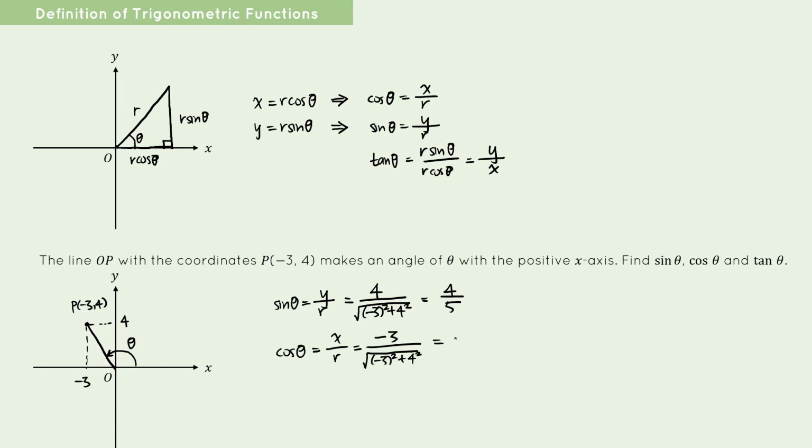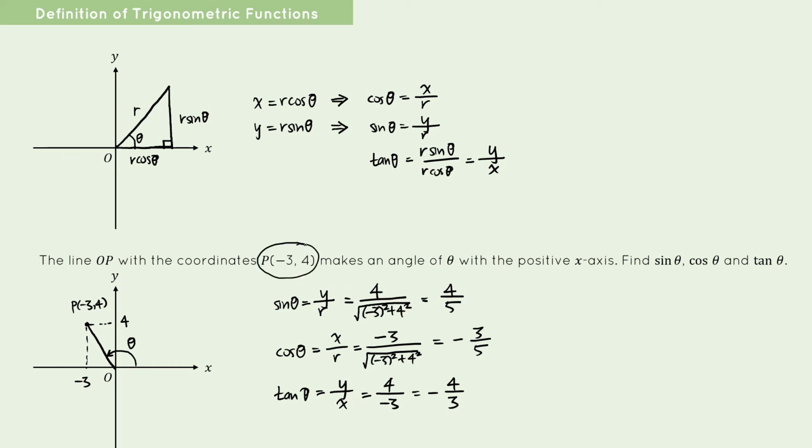So this will give us -3 over 5. Tangent theta equals y over x, which is 4 over -3, so -4 over 3. It's given in the question, x and y.